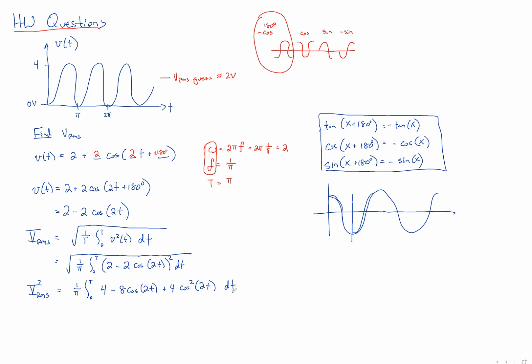All I did was I squared both sides and then I multiplied this thing out. And now it's just a problem straight from Calc 2. A fast way to do this is to simplify this, realize there's a DC term and then there's a non-DC term. That would be your next step.